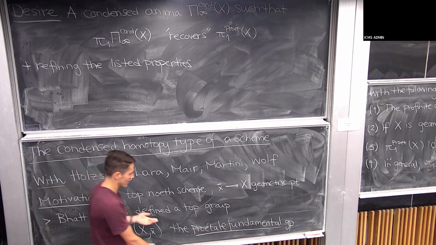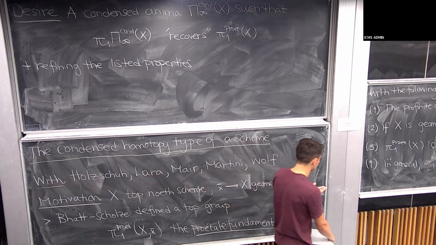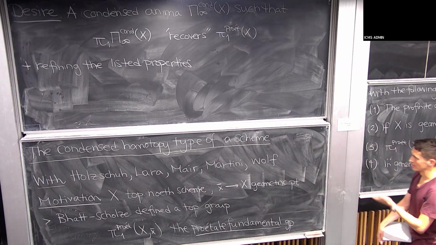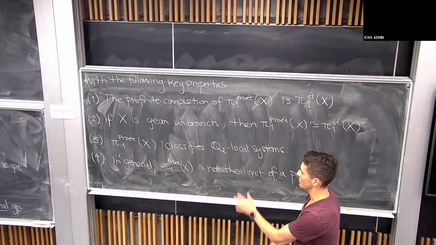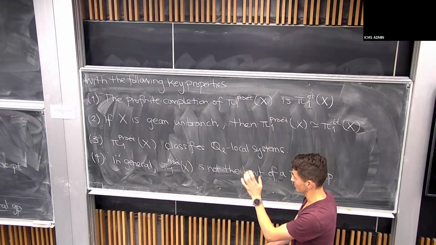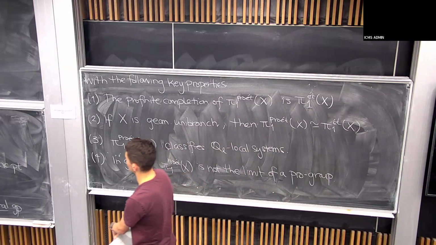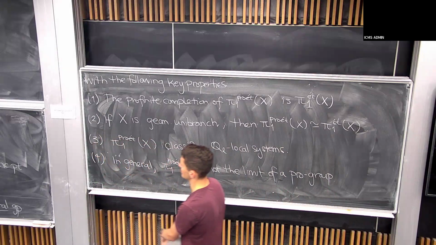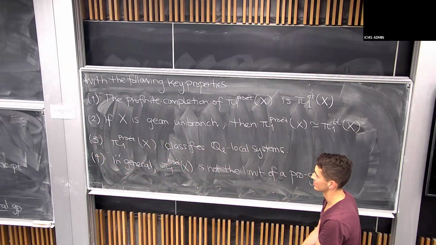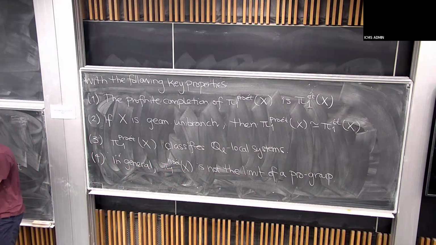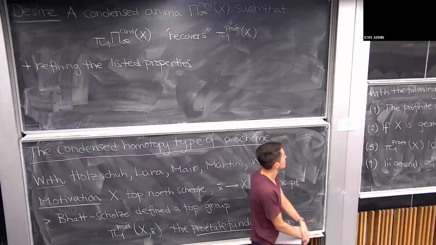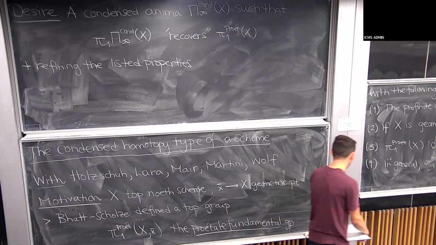And then explain three definitions of this condensed homotopy type and some results we proved. By the way, this paper you can find on my website and on the archive whenever they accept the thing that I posted last night. So if you feel like looking, you can look there.